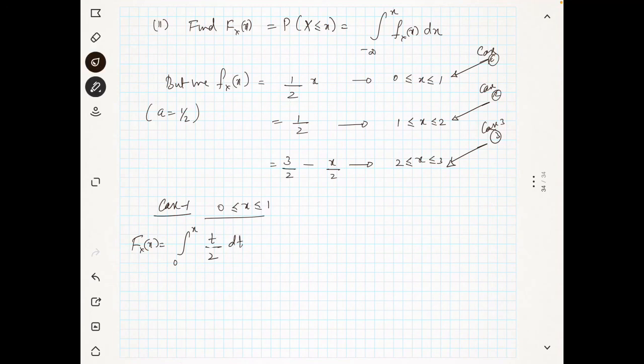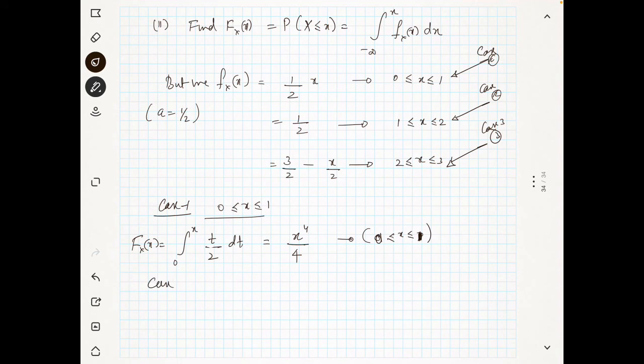This change of variable is just for the integration. So you will get x raised to 4 by 4, and you should know that x is between 0 and 1.